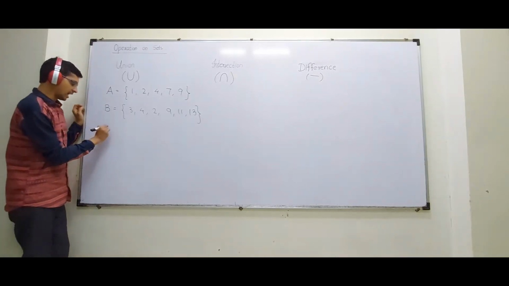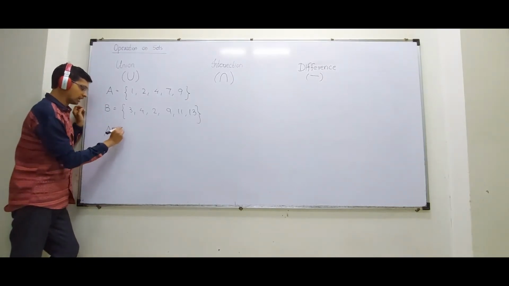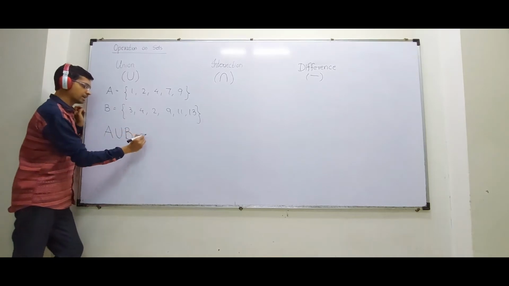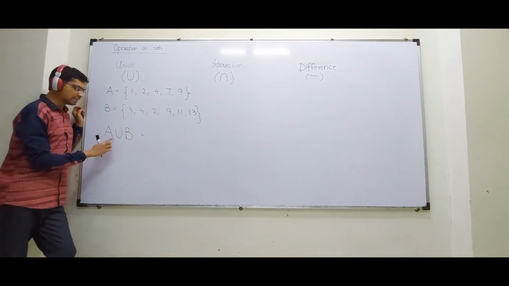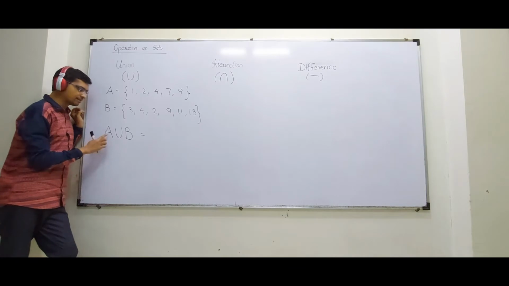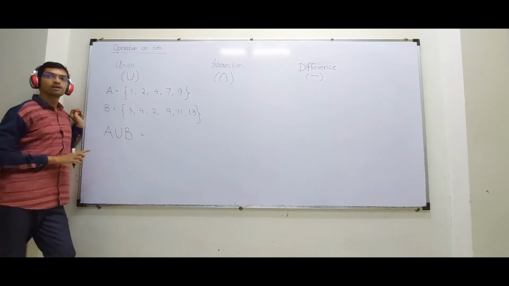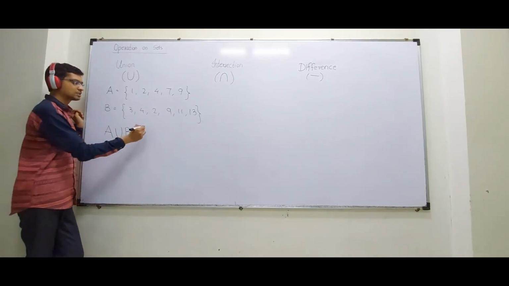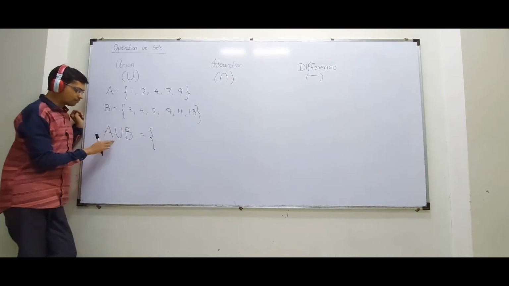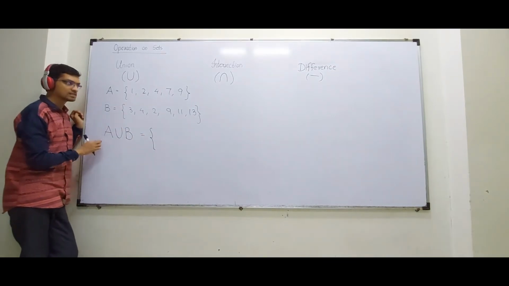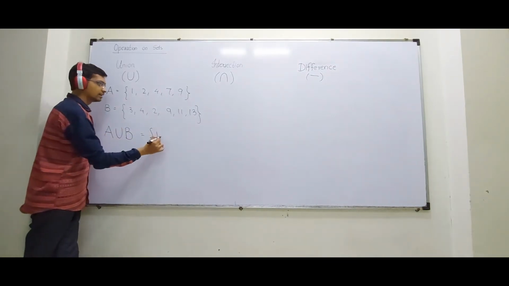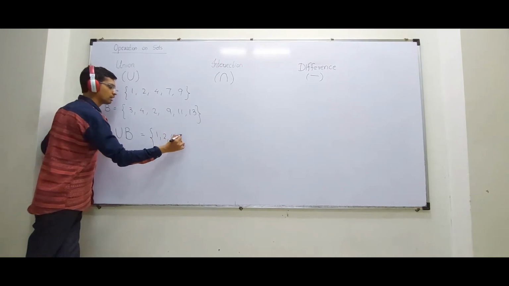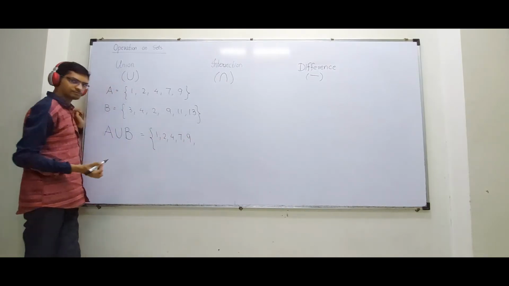If I say A union B, it means combine all the elements of set A and set B without repetition. Simplest way: I'll copy all the elements of the first set first. It is 1, 2, 4, 7, 9.